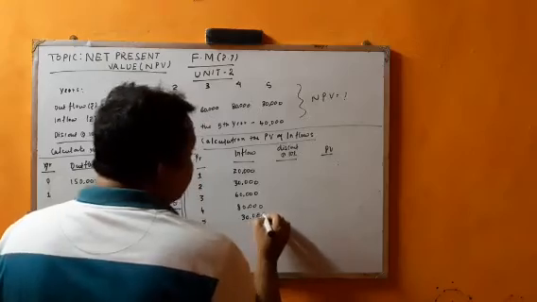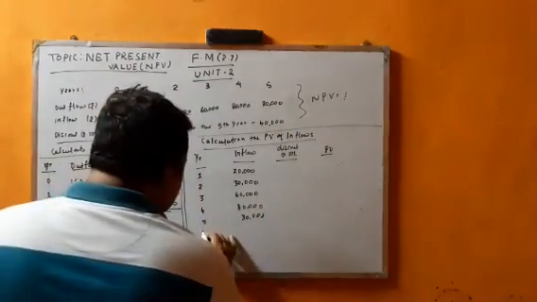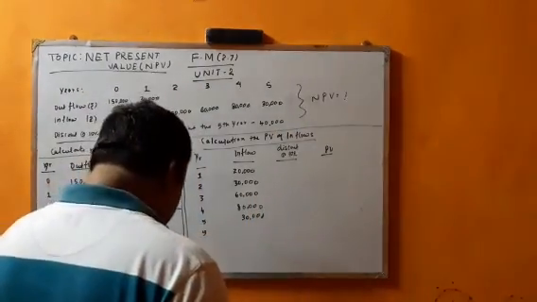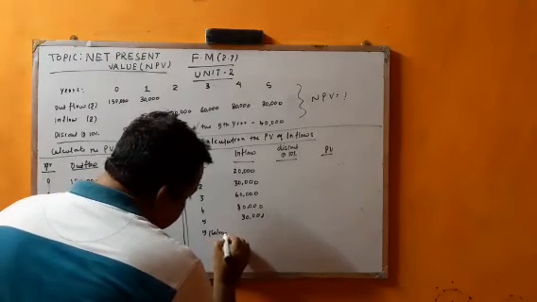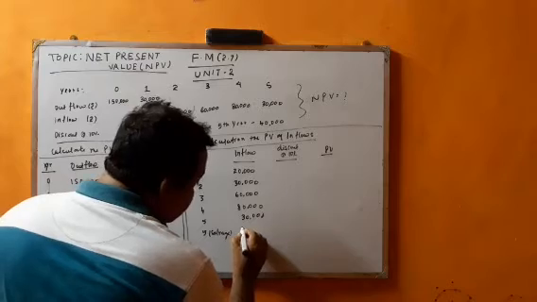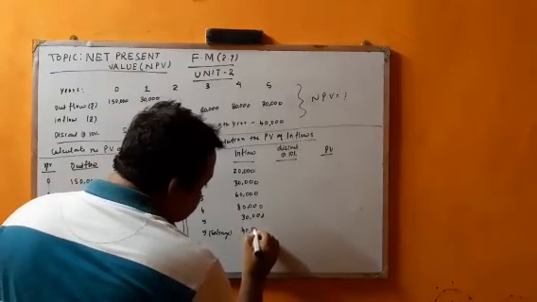Then at the end of the fifth year there is also salvage, which is 40,000.